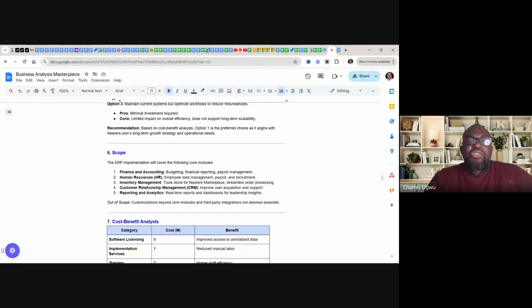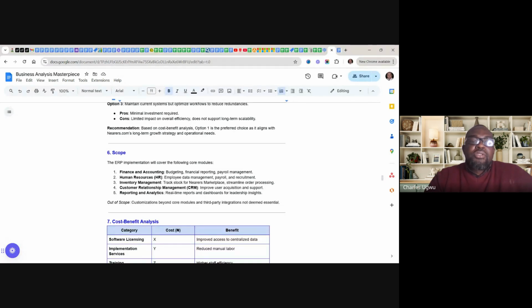ERP implementation will cover the following modules. If you know ERP systems very well, it is one application that covers a lot. They can have a finance module, human resources module, inventory, customer CRM. It's like getting everything in one platform.